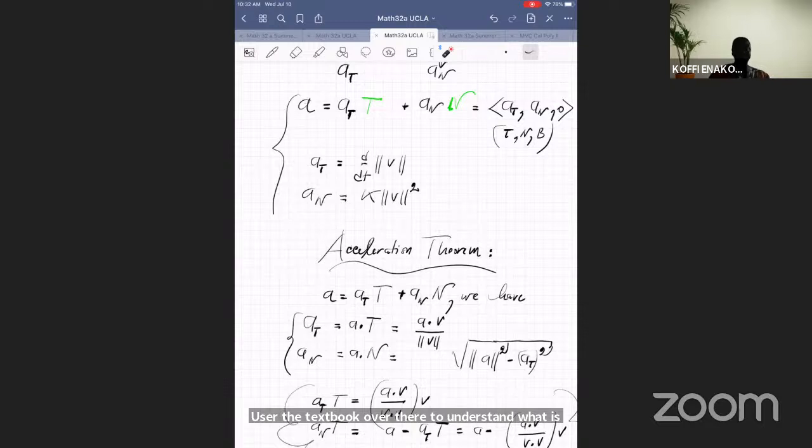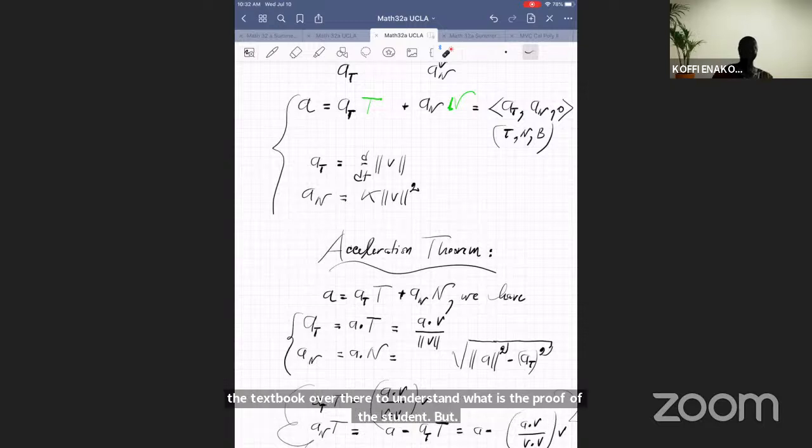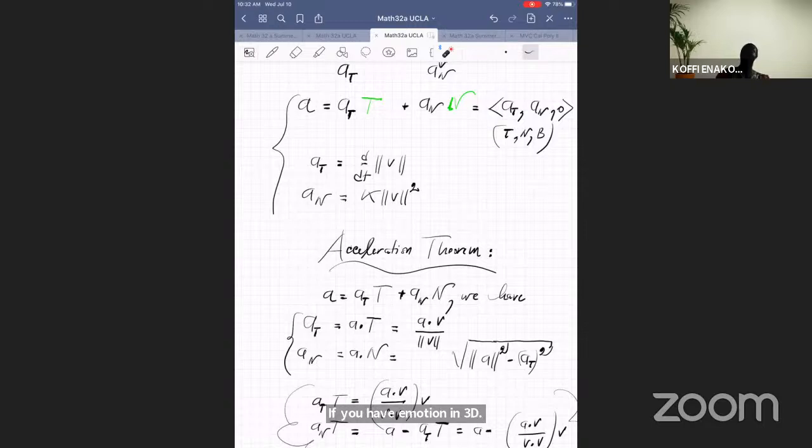But the key point is, if you have a motion in 3D, the TNB frame, you can use it to decompose the acceleration vector into only the T and N components.